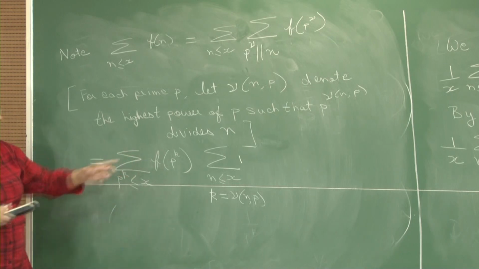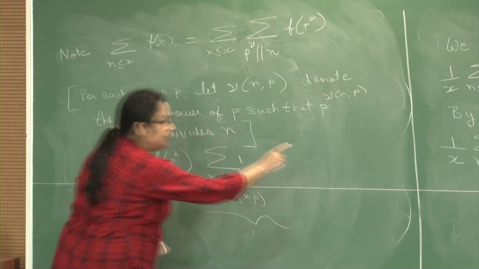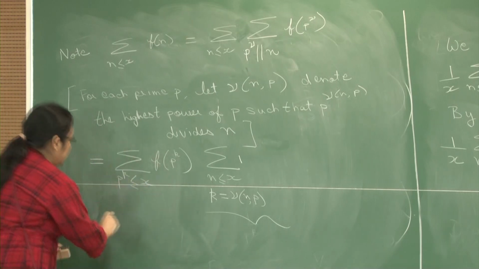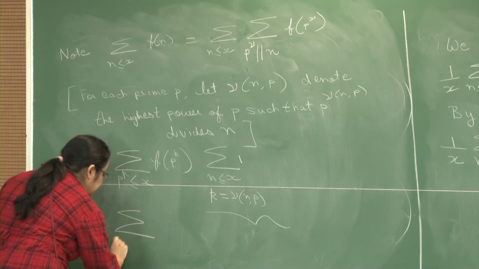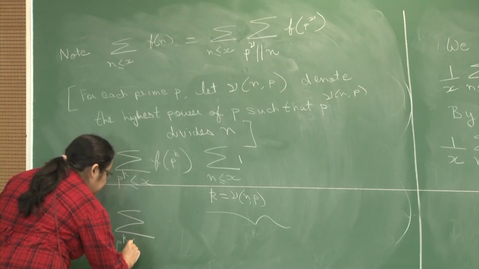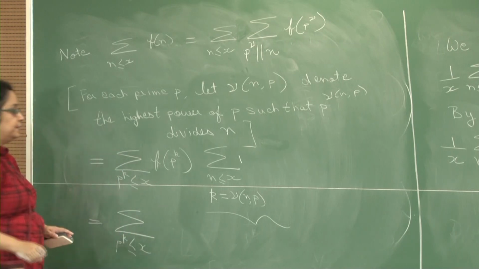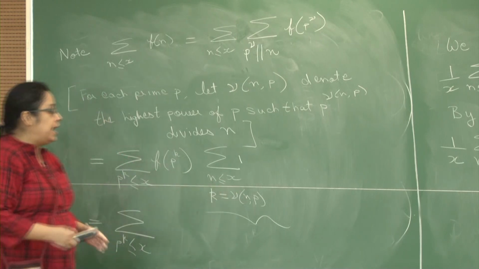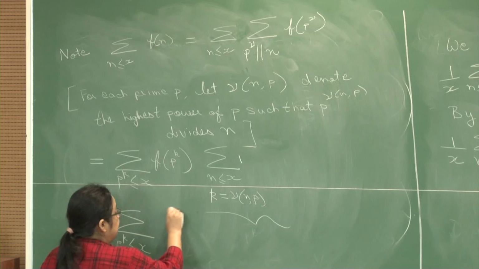All right. Now, this inner sum is something that we also discussed a few minutes ago. So let's keep this as p raised to the k less than or equal to x. So what does this mean? When you say k is equal to the highest power, what does that mean?